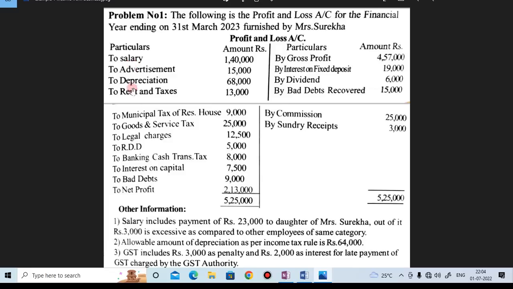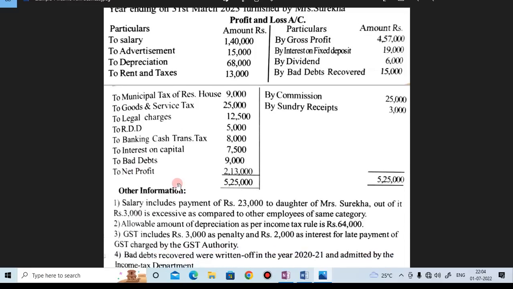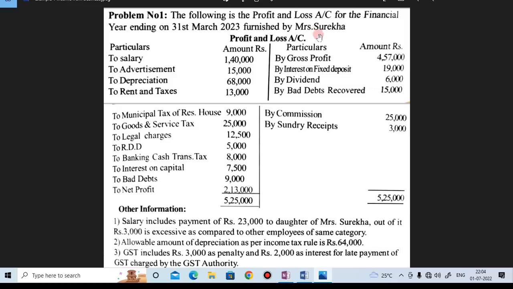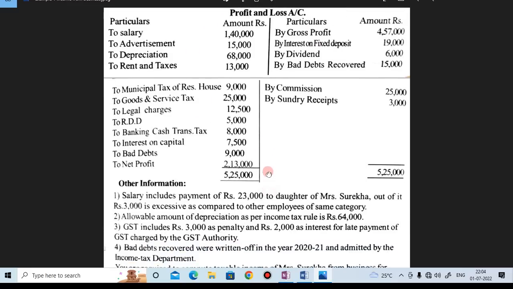But on salary there is an adjustment, or some additional information provided. So what is that? Salary includes payment of rupees 23,000 to daughter of Mrs. Sureka. Now who is Sureka? Sureka is the owner of the business.